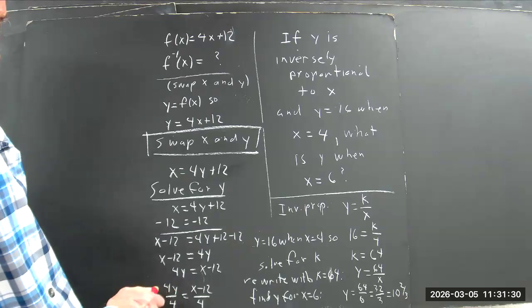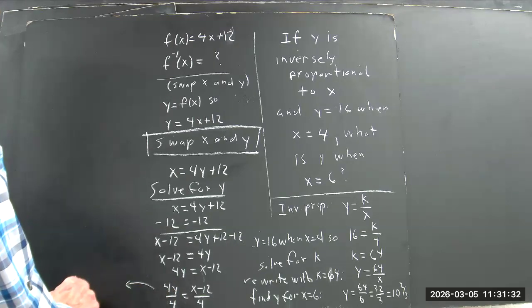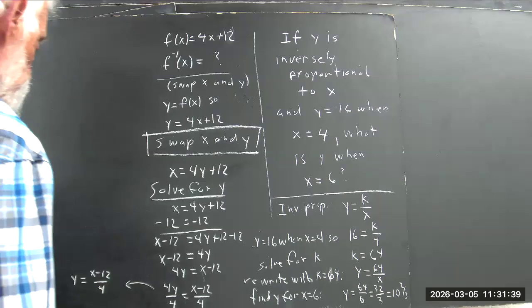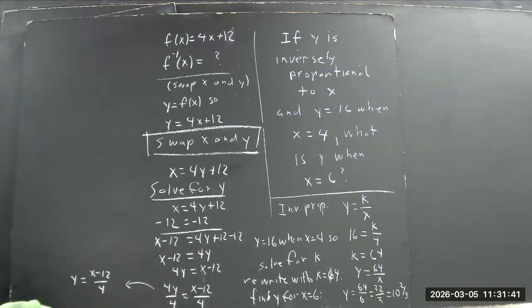Well, 4y divided by 4 is just y. So we get y equals x minus 12 over 4.